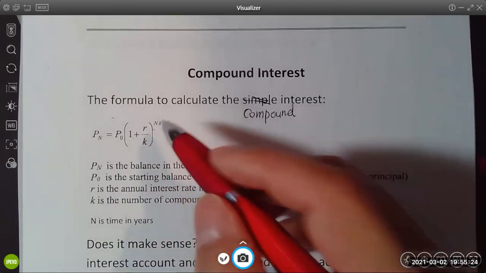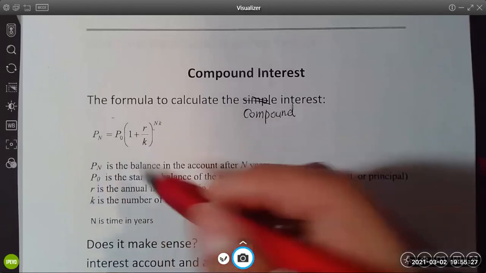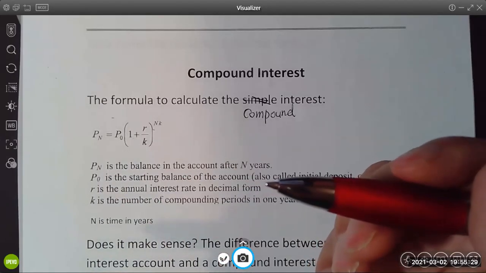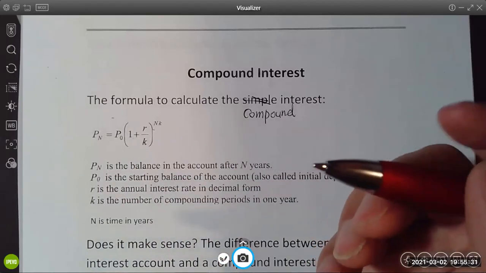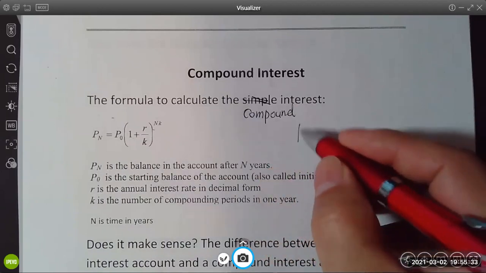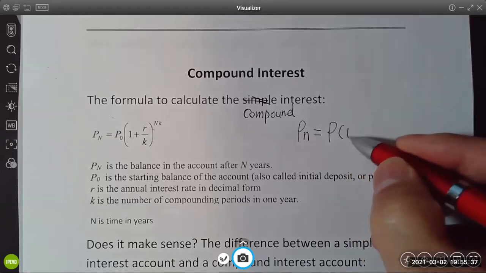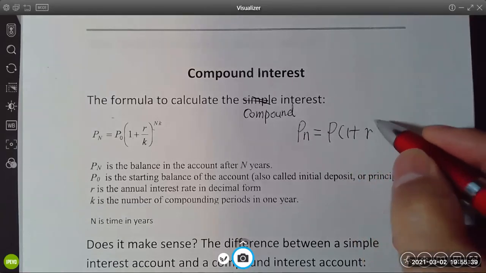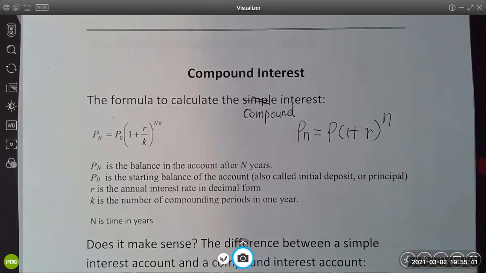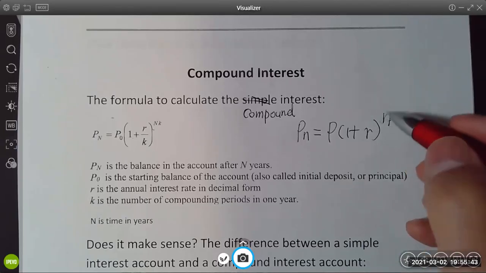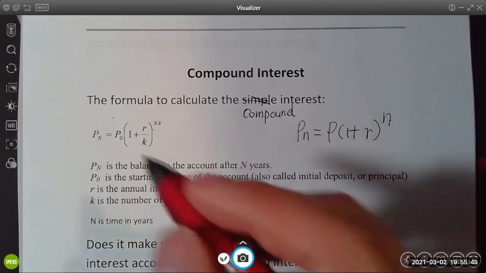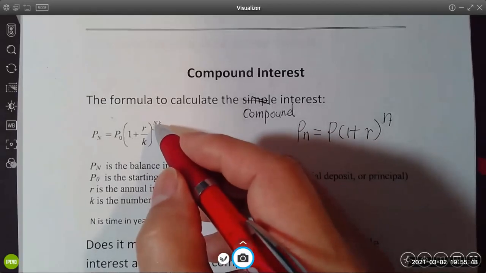Now you can see this formula actually has the same kind of structure as the exponential model. If I do a quick comparison, this is our exponential model. Now look at this. This is the input, this is the output. Here, this n is the number of years.